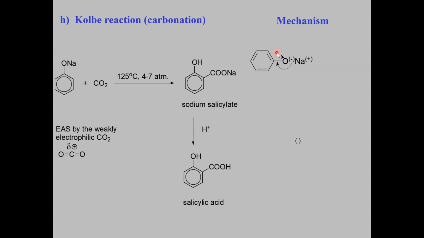Thus, the pi electrons on it are moved on to the next carbon, generating a carbocation. The carbocation which is formed reacts with carbon dioxide. The carbocation which is formed reacts with the carbonyl carbon. This is the positive center as it is flanked with two oxygens which are more electronegative than the carbon.